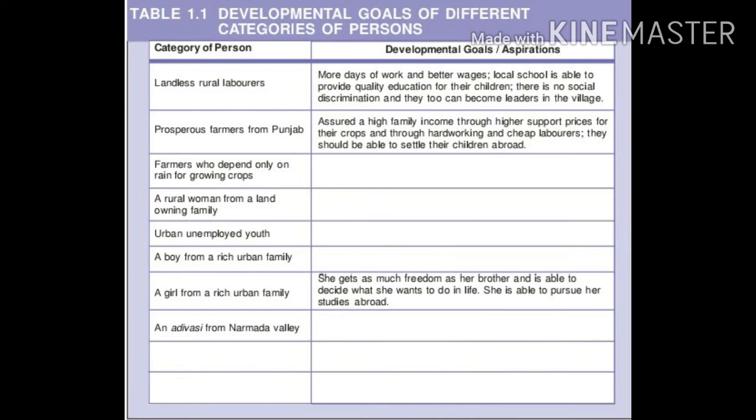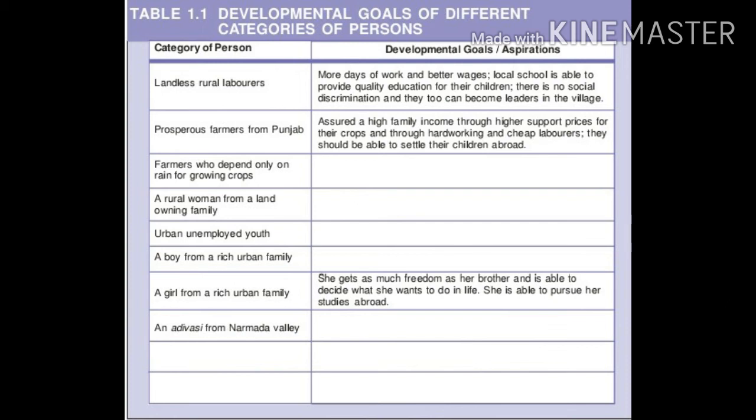And second, a girl from a rich urban family. She gets as much freedom as her brother and is able to decide what she wants to do in life. She is able to pursue her studies abroad.